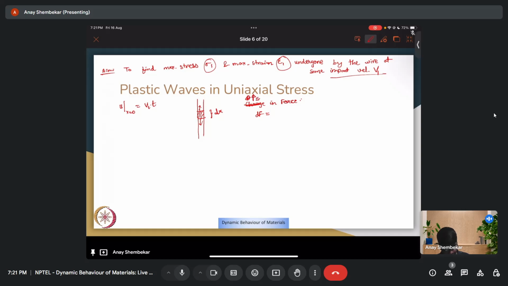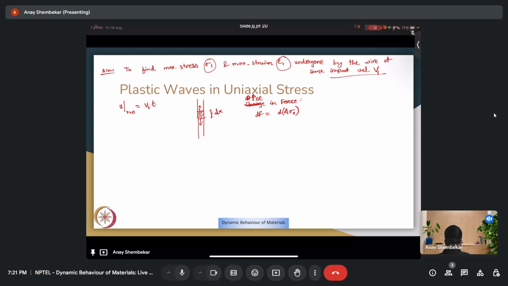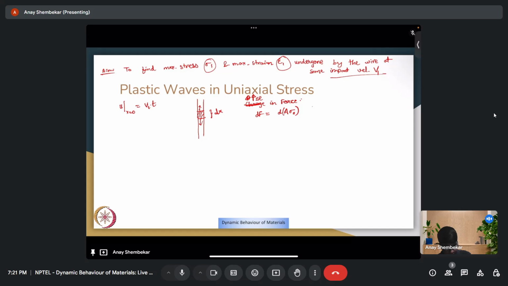We should write this increase in force as the change in area times sigma naught, and this force increase will travel the distance dx in time dt. So what does this mean?